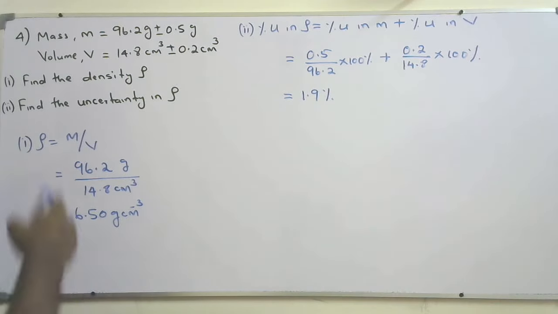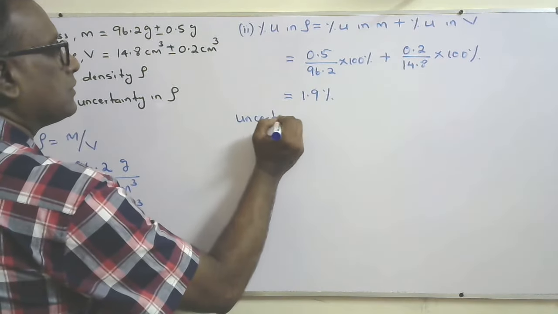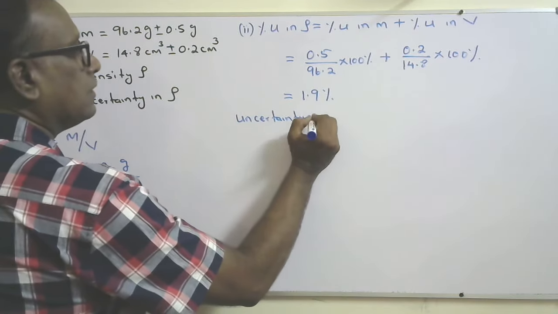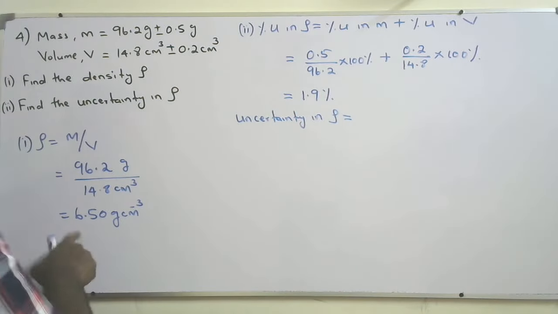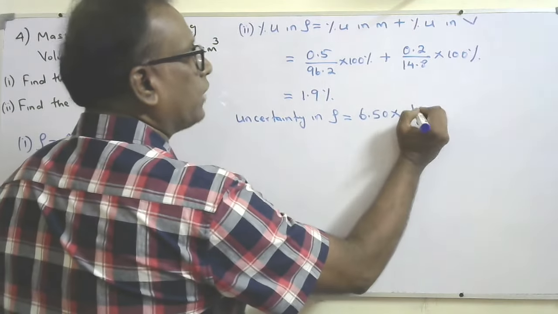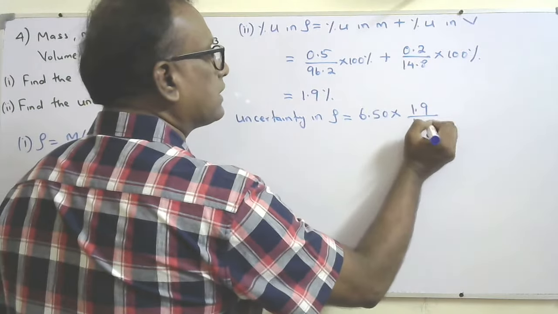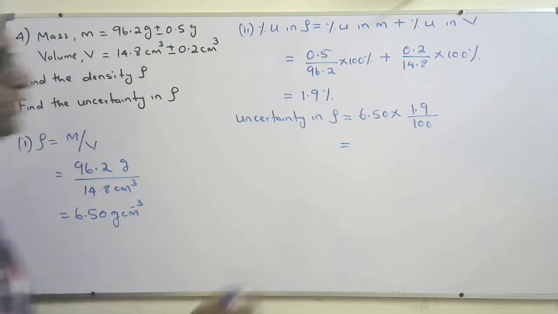Now I need to find the uncertainty. So uncertainty in rho will be equal to the value of rho, 6.50 gram per cm cube, into 1.9 over 100. So that will be 0.12.